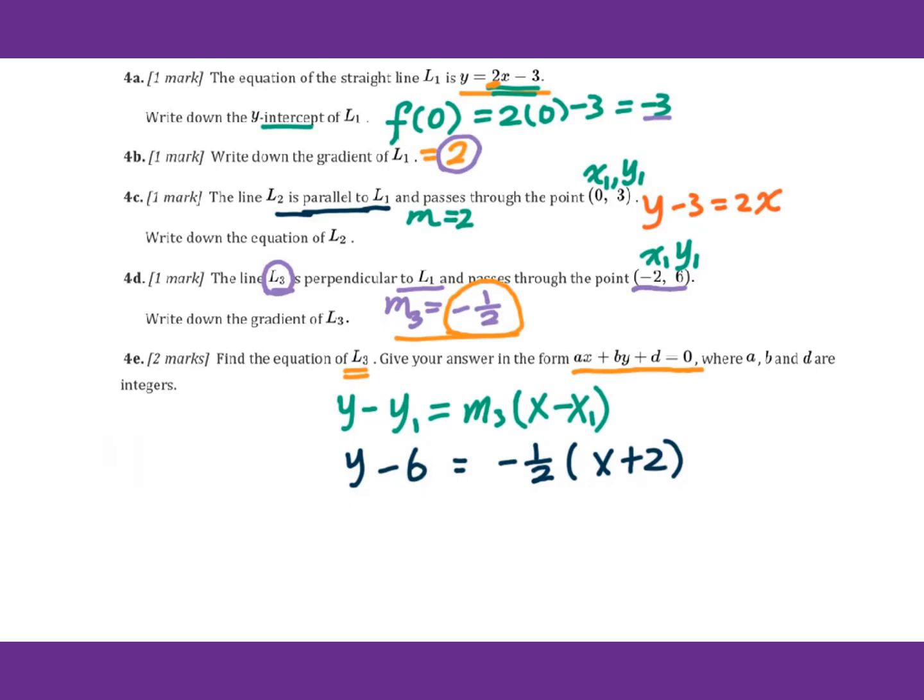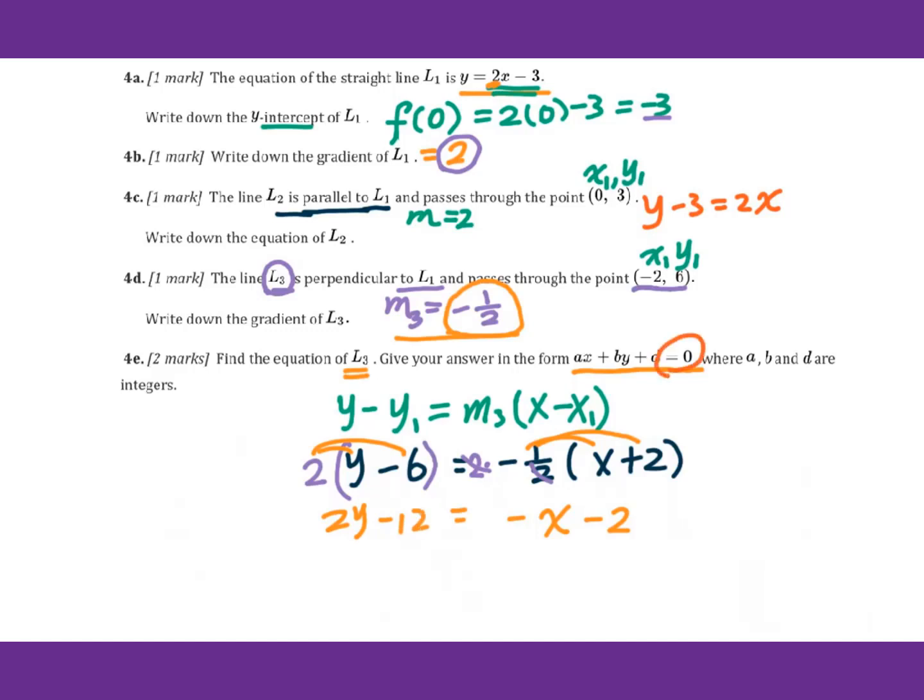Then we multiply by 2 on both sides so that we can get rid of this denominator. This will be negative 1. Do the distributive property, get negative x minus 2. Here, the distributive property gives 2y minus 12.